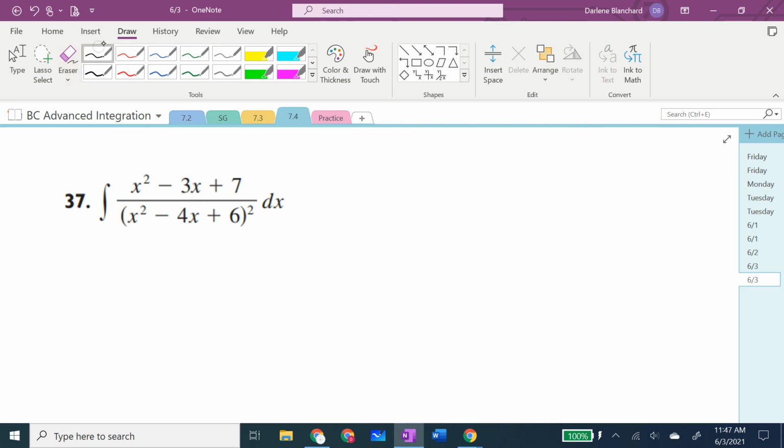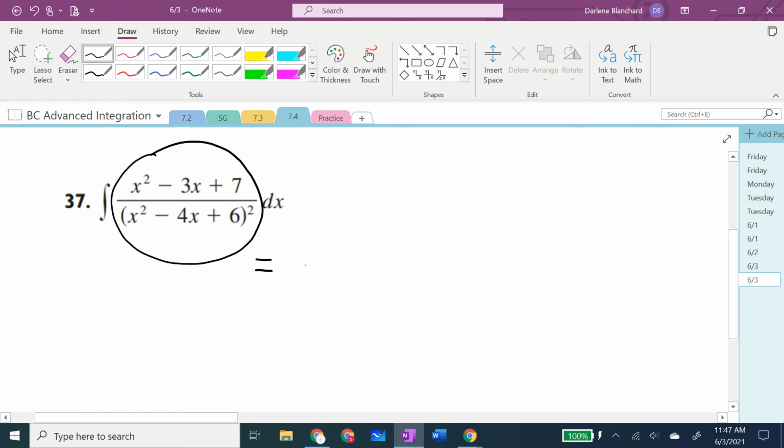So with a repeated quadratic factor, that means that this integrand can be fraction decomposed into parentheses squared plus the same thing to the 1 power. So when you have a repeated factor, you put its highest exponent on there, go down by 1, and keep going down by 1 until you reach 1.